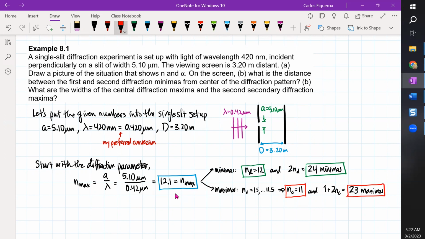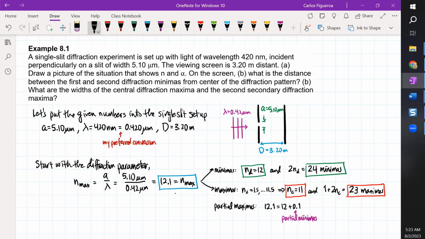But we're not really done here. The fact that we have 0.1, we have two partial maximas. So when I look at this, we do have partial maximas. They'll be dim, but they're still there. What you're seeing here is that 12.1 is really 12 plus 0.1, and these right here are the partial minimas.